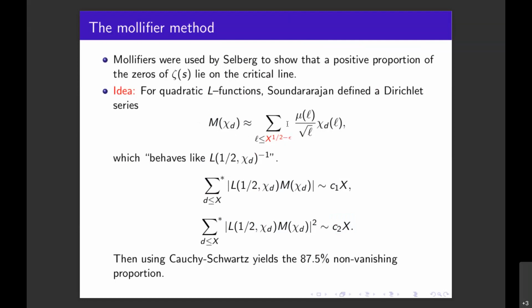Then you have μ(l) over square root of l times the character, where μ is the Möbius function. This behaves like 1 over the L-function. This is not precisely the mollifier that Soundararajan used, but it has roughly this shape. Using this and then directly using Cauchy-Schwarz yields the 87.5% proportion of non-vanishing, which is a pretty good proportion.